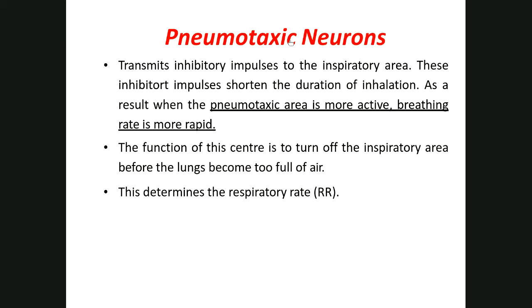So instead of having a breathing of 20 cycles per minute, when the pneumotaxic area is active, it might become more frequent, up to 25 or 30 cycles, and especially in exercise where the respiratory rate is higher than the normal range. So the pneumotaxic area will set the respiratory rate by sending inhibitory impulses to the inspiratory area situated in the medulla oblongata, determining the respiratory rates.